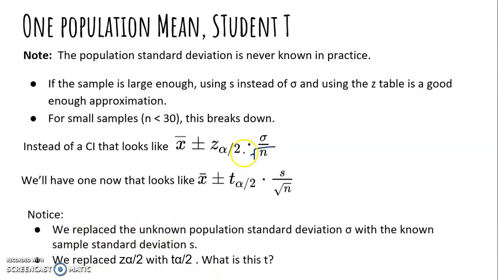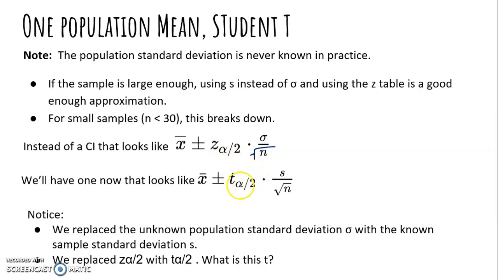We have replaced the sigma, the population standard deviation, with S, the sample standard deviation, because we might not know the population standard deviation, but if we have collected a sample and found the sample mean, then we either know or have access to the sample standard deviation. So that will be known. The other thing we have replaced, instead of our Z critical value, is a T critical value.